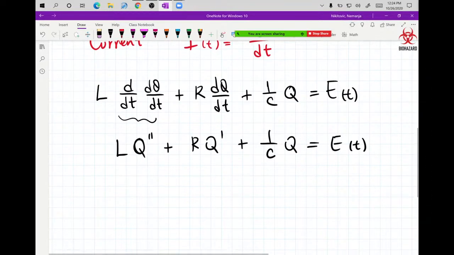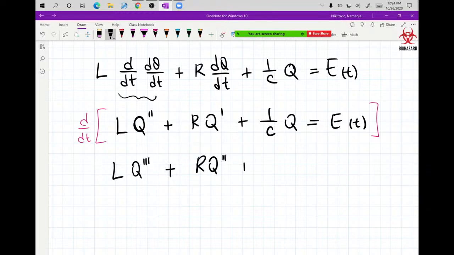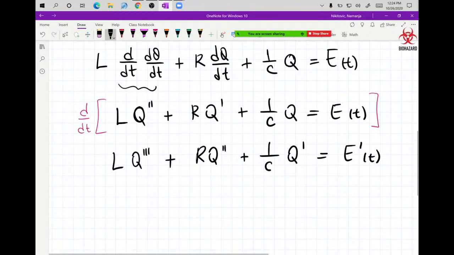So if I differentiate this equation with respect to time one more time, I will get L q''' plus R q'' plus 1 over C q' equals E'(t). All I did is add another derivative throughout because I just differentiated one more time.